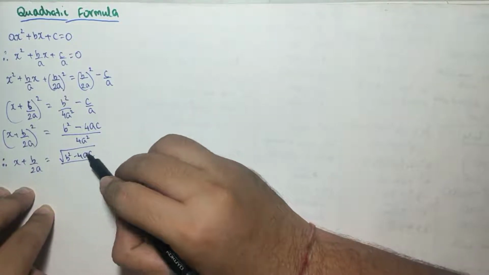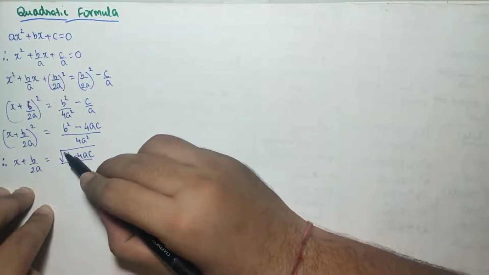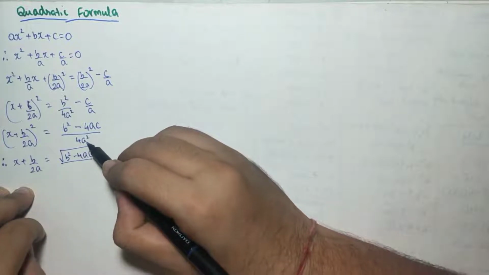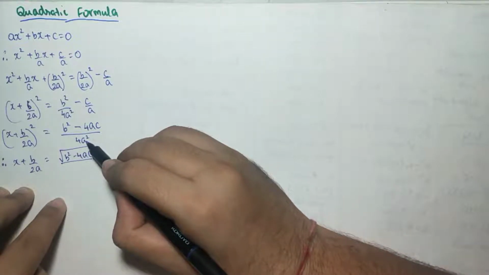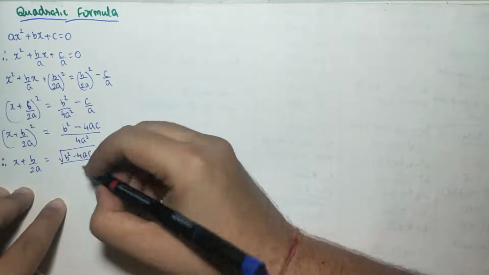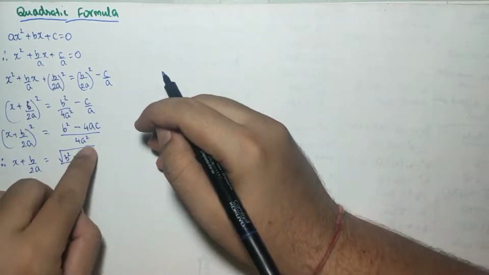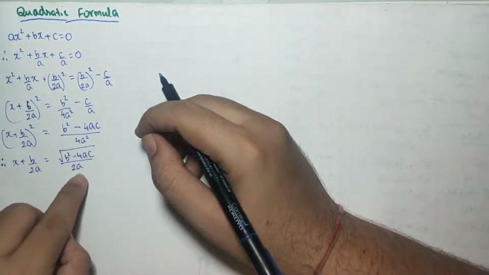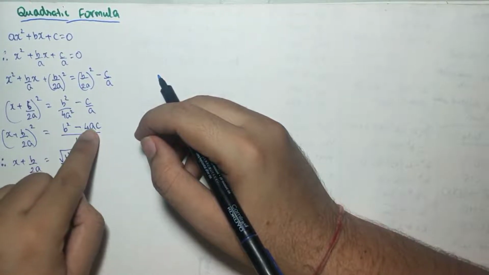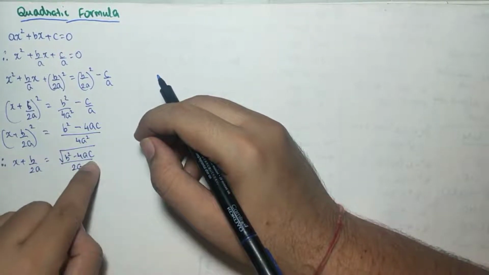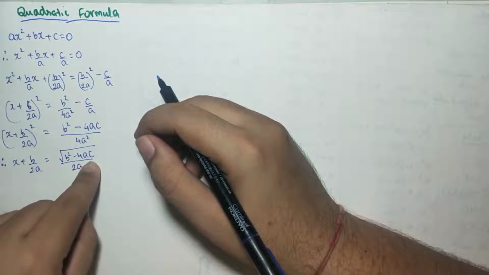I have only kept the numerator under root. Why? Because it is not a perfect square, but my denominator is a perfect square. 4a square is a perfect square of 2a. So if I take the square root of 4a square, it will become 2a. And the numerator, that was not a perfect square, so I have kept it under root: b square minus 4ac.